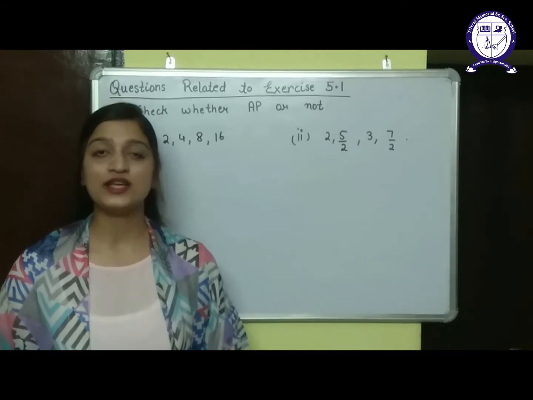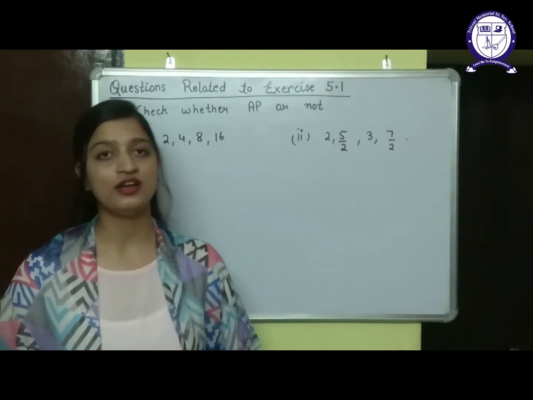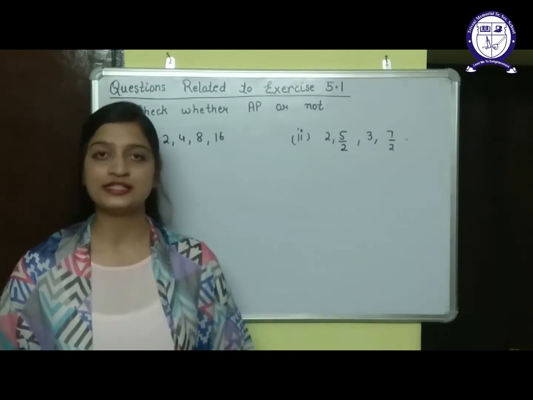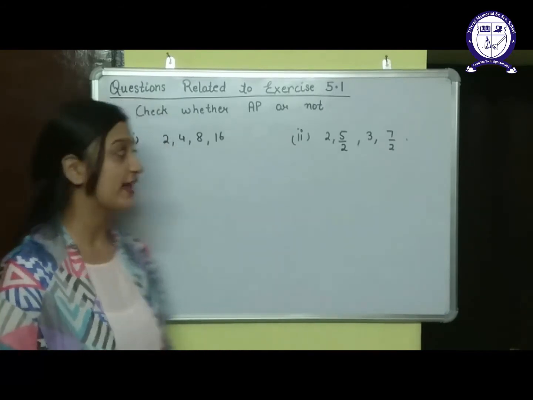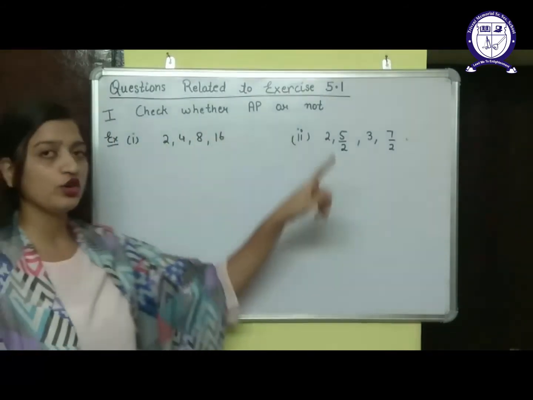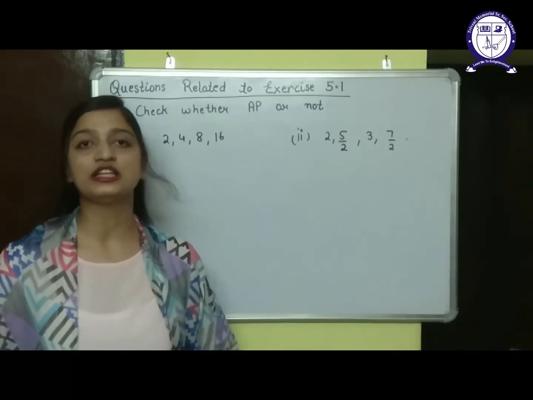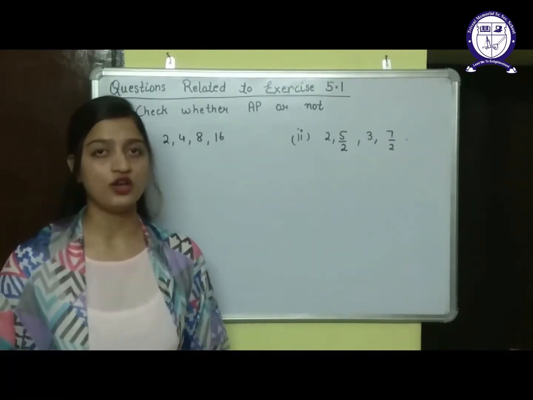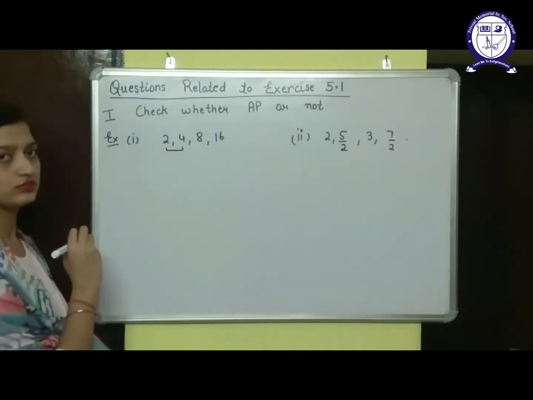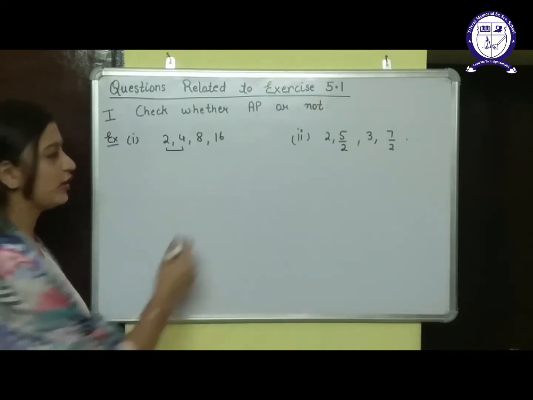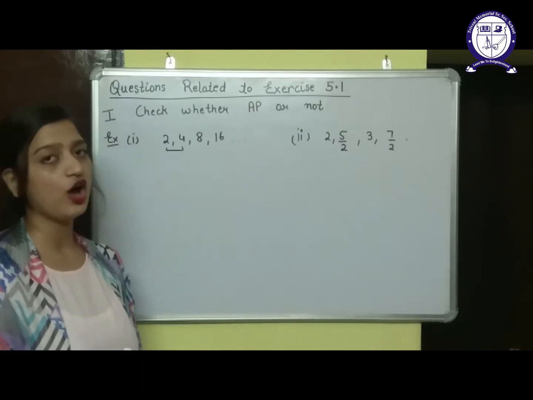AP is any sequence which has common difference between two consecutive terms. Okay, the difference should be same, and this is the only definition we are going to apply. That is, check whether AP or not, and the only way to check is to find whether the difference is same or not. So first of all, I will take these two terms. Okay, this is an example: 2, 4, 8, 16 and so on. I need to show whether it's an AP or not.